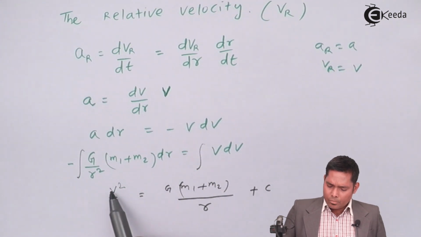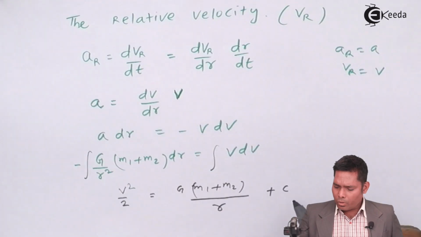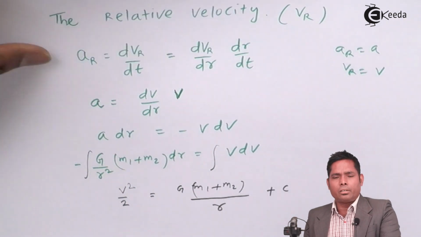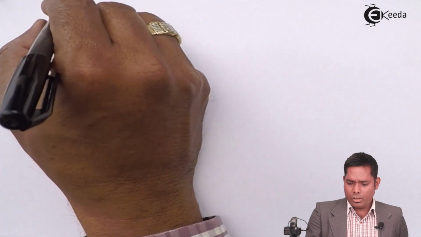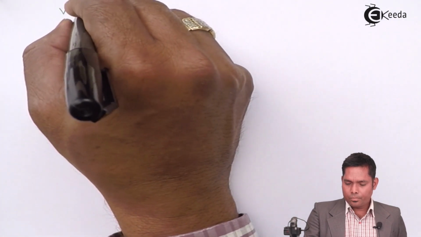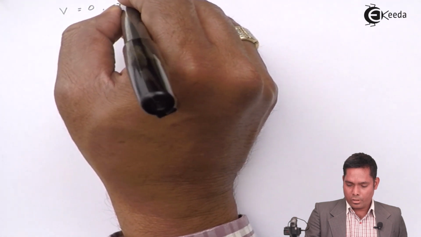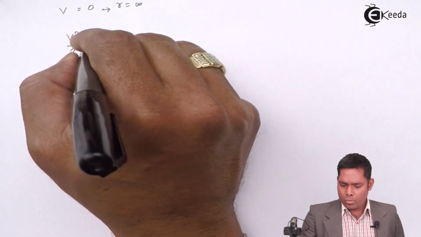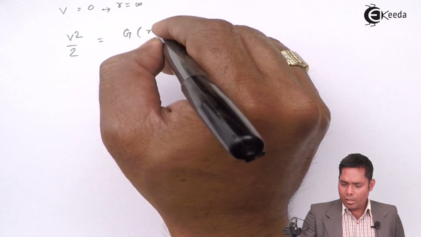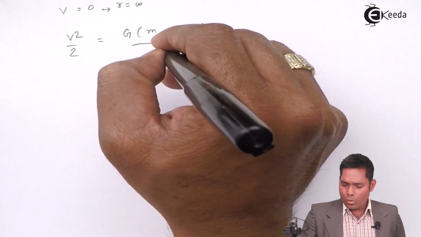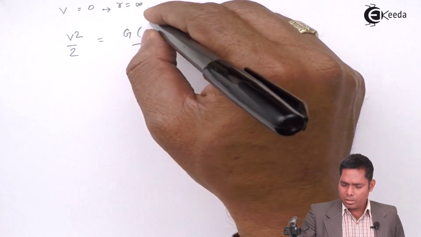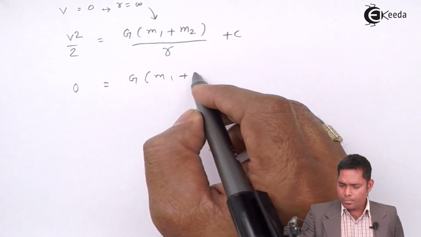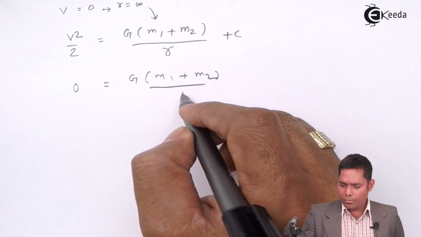We know that v equals 0 when r is infinity, when they were at infinite separation. Putting this condition in the above equation, v square by 2 equals G(m1 plus m2) over r plus c, we get 0 equals G(m1 plus m2) divided by infinity plus c.